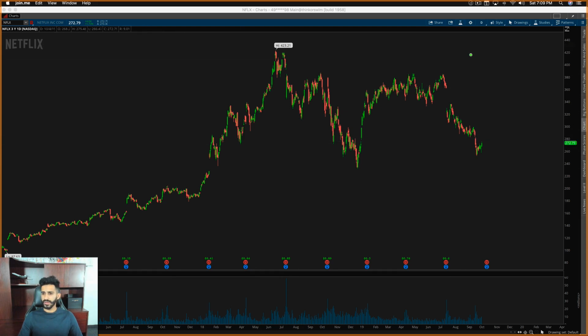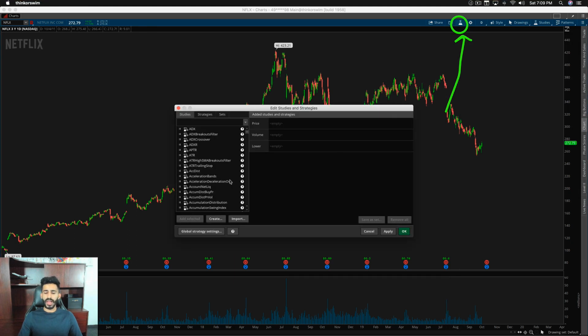There's this icon right here. If you click that, that allows you to open up the indicator section where you can apply studies, you can apply indicators. So I have a bunch of indicators right here. What we're looking for is the ATR. You can search for ATR if you don't find it, or you can just scroll through this, right?